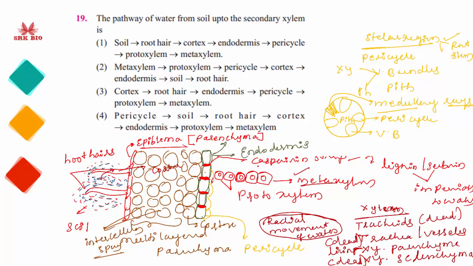The Casparian strips, as they are made up of lignin or suberin, do not allow the movement of water. So finally water has to move along the radius of the root only. This movement is called the radial movement of the water, and through this the water finally reaches the metaxylem.